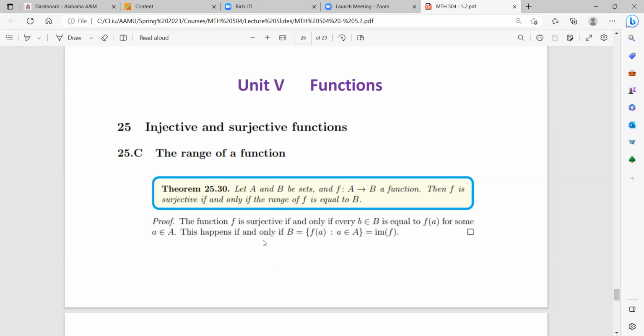And this happens if and only if the set B is equal to all the function values when you go through all the elements in the domain, which is exactly the range of the function, or the image of the function, isn't it?